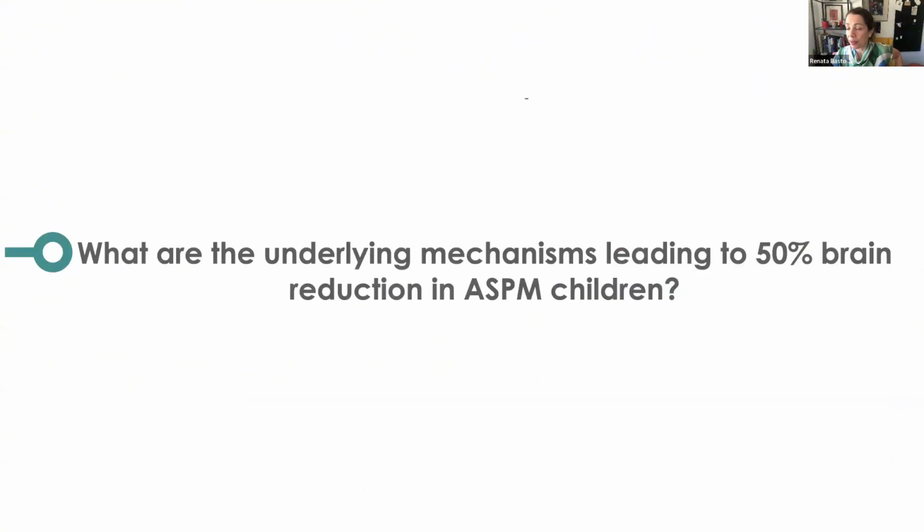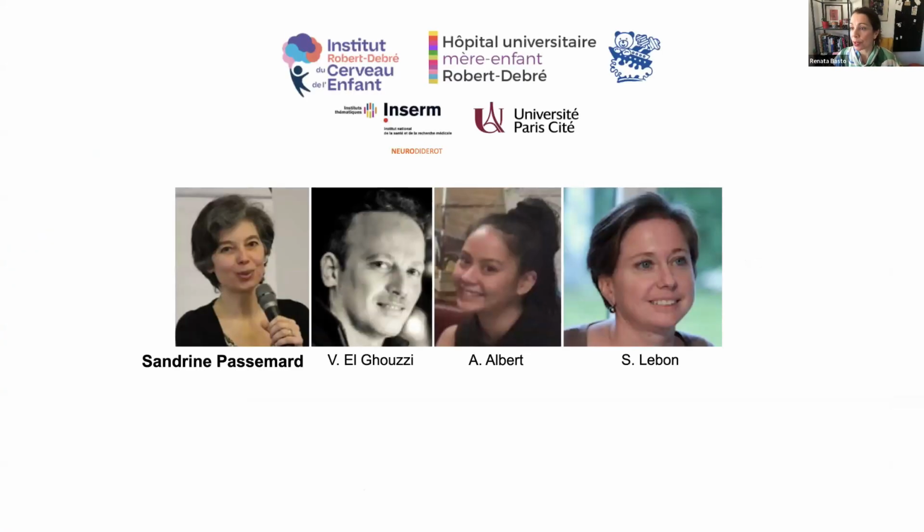And so one of the questions that we are interested in is to understand what are the underlying mechanisms leading to 50% brain size reduction in ASPM patients. And so this has been actually the work of someone called Sandrine Passemard, an MD PhD, who came to do a sabbatical in our lab at the time with the purpose of studying mitosis and understanding how mitotic spindles can be characterized.